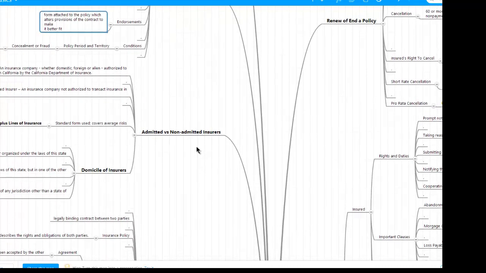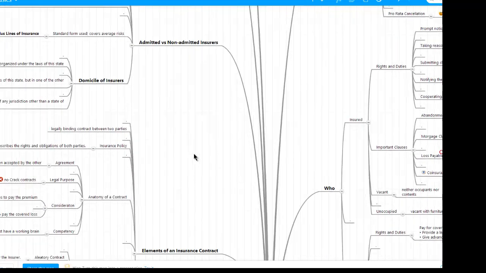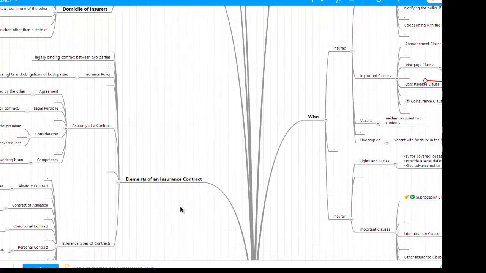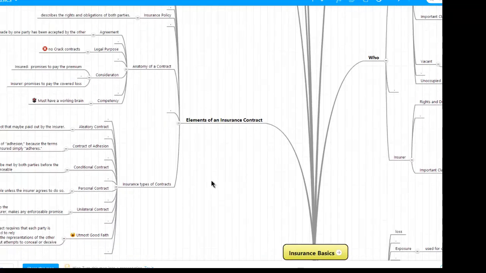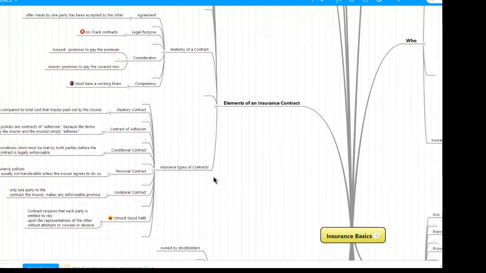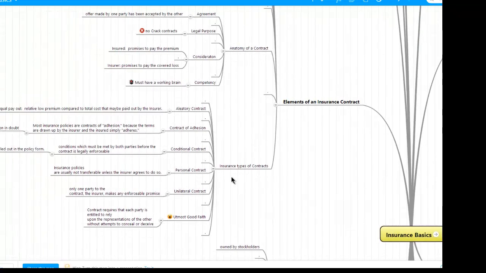Well, now we went over the anatomy, the elements of a contract, and insurance types of contract. So let's see what kind of contracts they are. An insurance contract between the insurer and the insured is an aleatory contract.